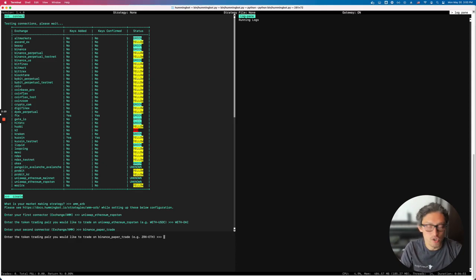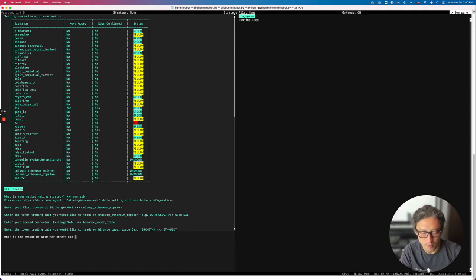This is just to show you some real arbitrage opportunities, because in reality they're hard to find, but we'll definitely find some if we're trading against a testnet like this. Okay, let's do ETH-USDT on Binance.